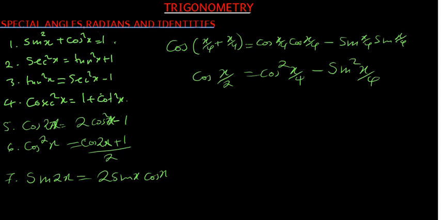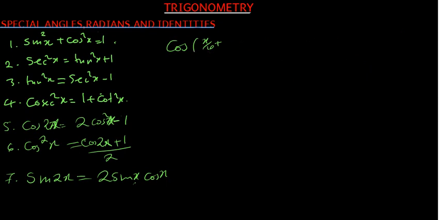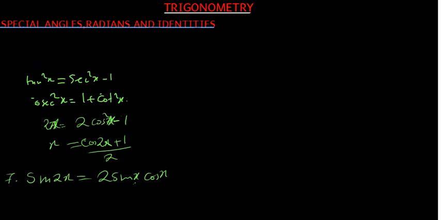Alright. So this is how we go on with the identities, and a lot of them. Let's say we've been told to prove some identities. So say, prove the following identities.